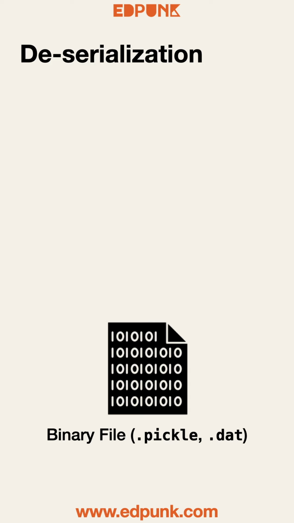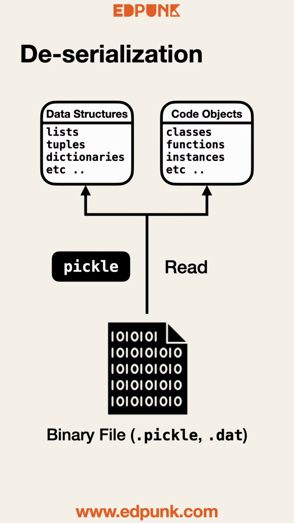The process of reading the byte content of a binary file to retrieve data structures and code objects is known as deserialization. A file which has been serialized using the pickle module can be deserialized using the same module on any computer running Python. Let us now learn about some useful binary file handling functions available in the pickle module.